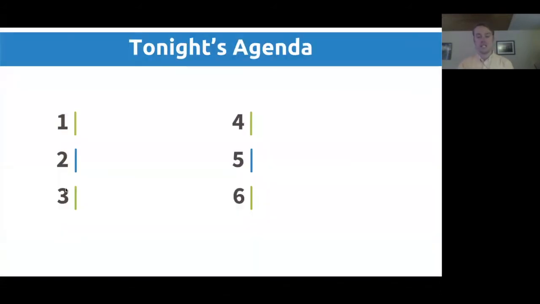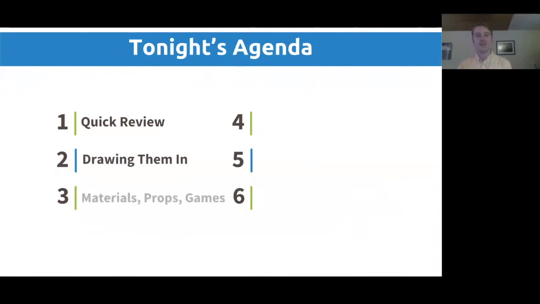The actual agenda for tonight should be pretty straightforward. We're going to have a chance to do a quick review of some former lessons that we have on tabling, and I'll show you where to find those, as well as, since we're only going to brush by them tonight, what they cover. We're then going to talk about how to draw them in. I'm guessing this is pretty intuitive, but there are some fun ideas about how to really accomplish that out there within our CCL sphere.